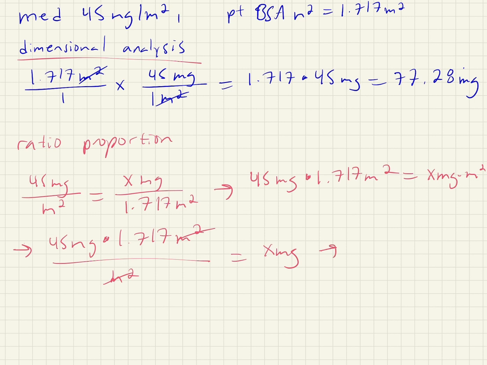We're again left with 45 milligrams times 1.717, and that again equals 77.28 milligrams. Our question did say round to the nearest whole number, and if we do that, then they're both equal to 77 milligrams.